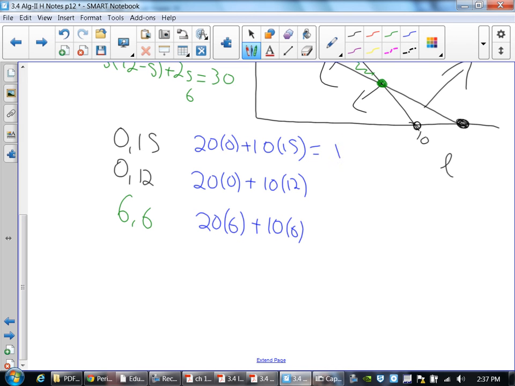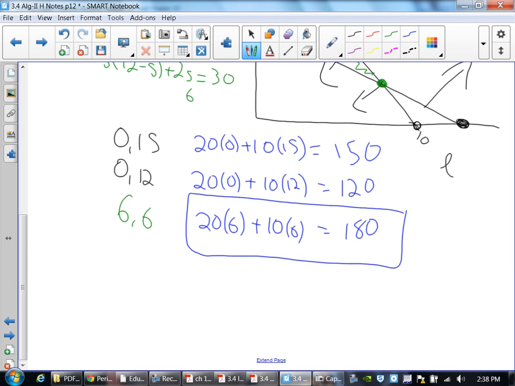Here I get 150 bucks. Here I get 120 bucks. And here I get 120 and 60, $180. I can make at least $180 at the bare minimum. So for my 30 hours of stenciling, I make 180 bucks. Yeah, $6 an hour. Yay.